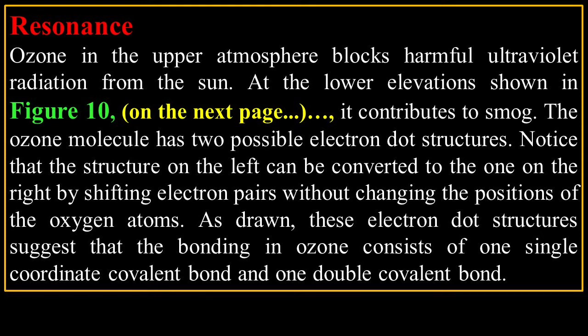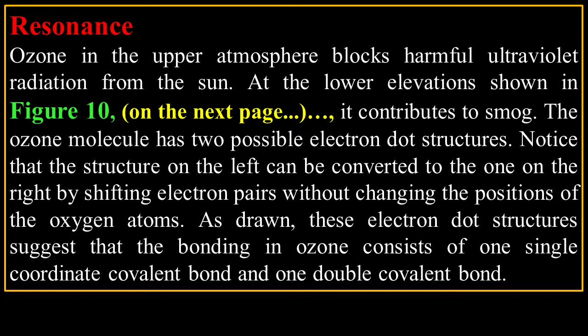Ozone in the upper atmosphere blocks harmful ultraviolet radiation from the sun. At the lower elevations, shown in Figure 10, it contributes to smog. The ozone molecule has 2 possible electron dot structures. Notice that the structure on the left can be converted to the one on the right by shifting electron pairs without changing the position of oxygen atoms.